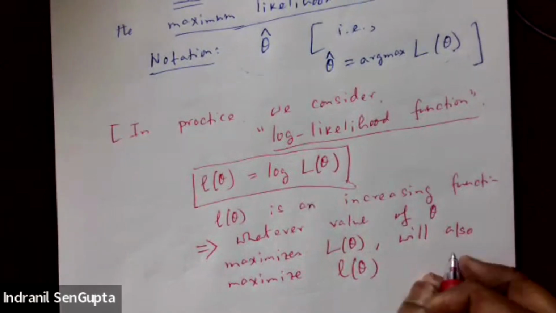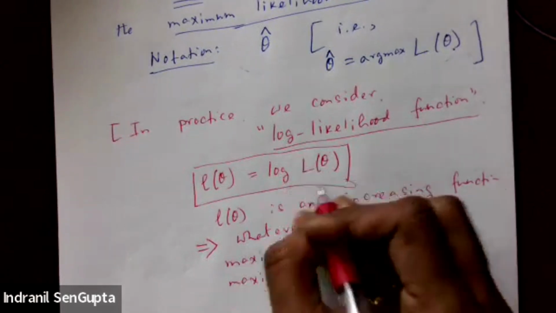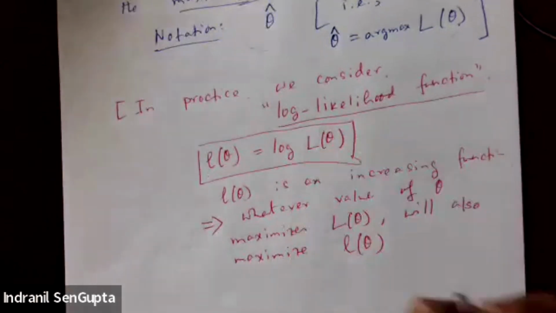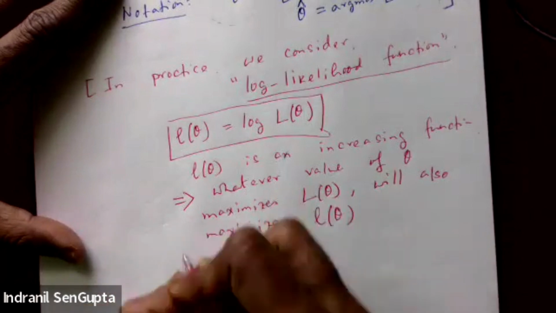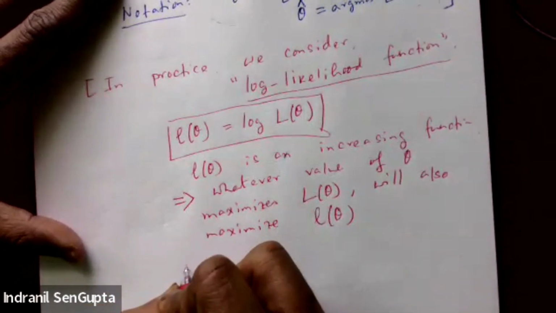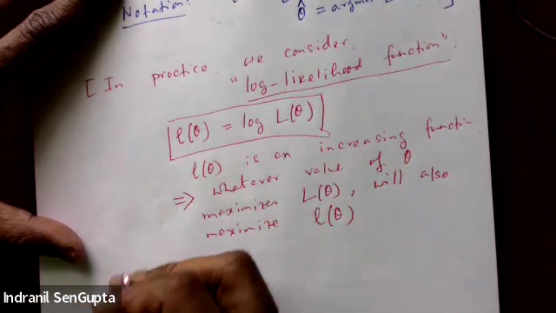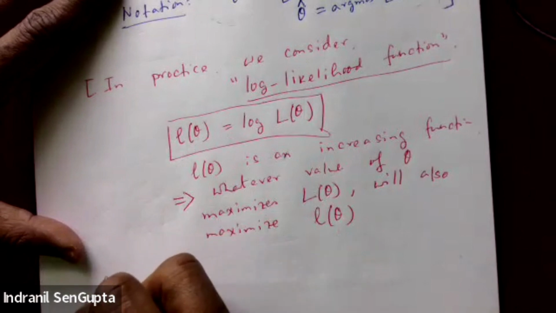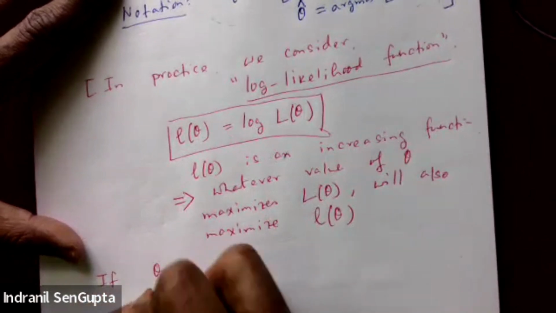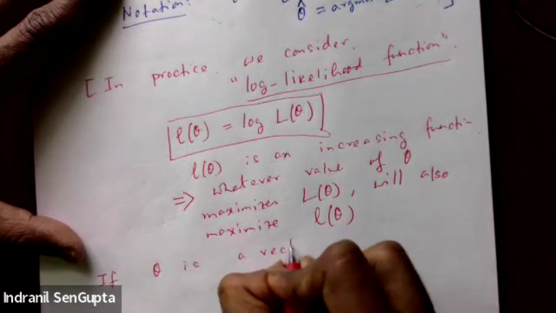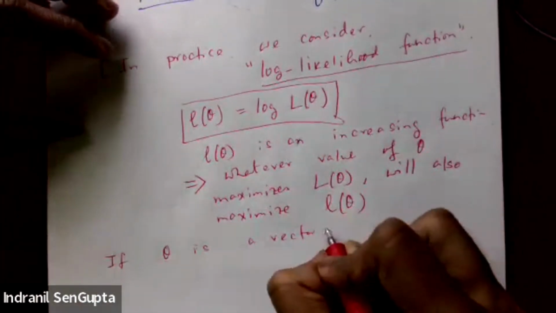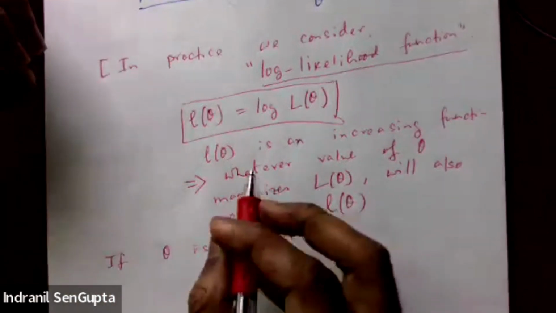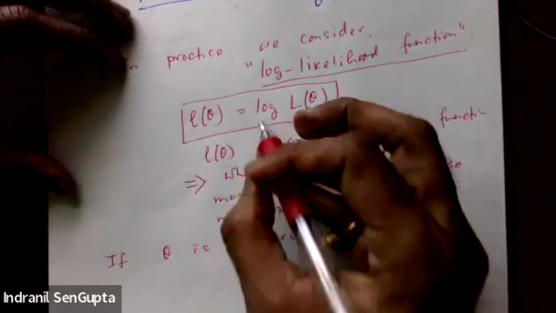Now, how do you typically maximize a function? Typically from calculus. If theta is a vector, it may look very abstract, but pretty soon we'll do some examples, so please bear with me for a second.